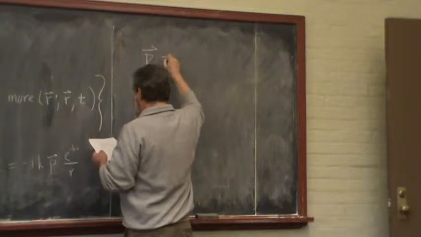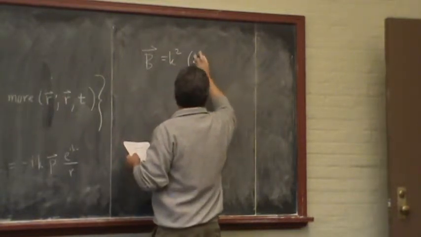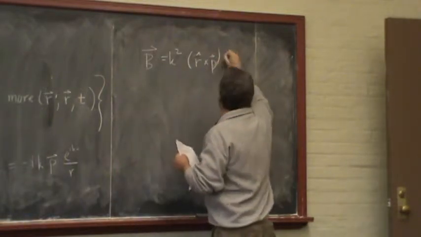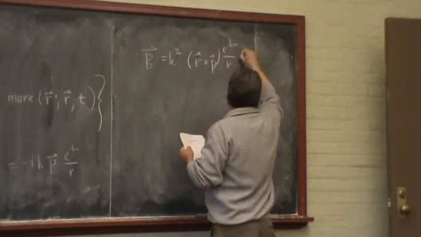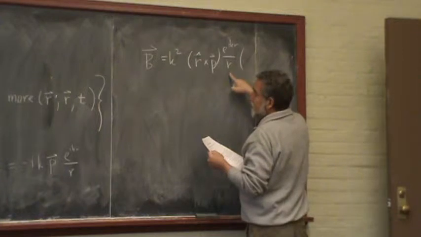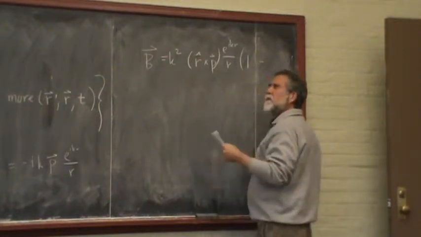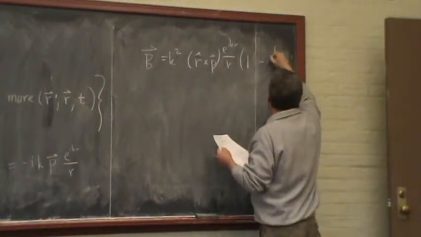The magnetic field comes out to k squared r hat cross p e to the i k r over r, and with the derivatives, it's the product rule. It gives me two terms.